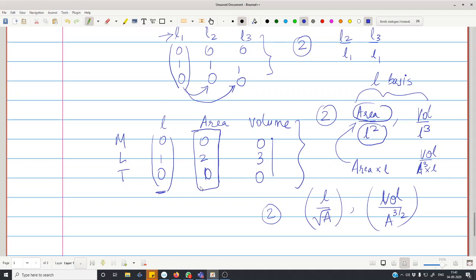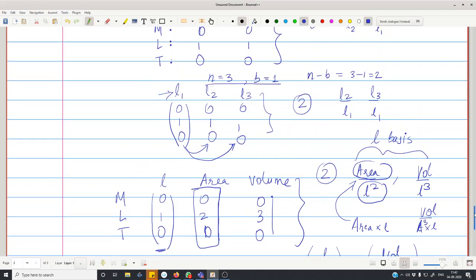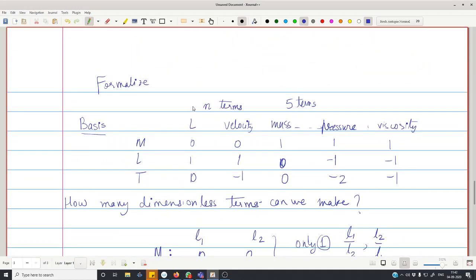It all depends on what kind of basis you take. Essentially we want to find out, if I have these many terms, what kind of basis can I form? If you consider these dimensions as vectors, you want to find the basis vector of your problem.